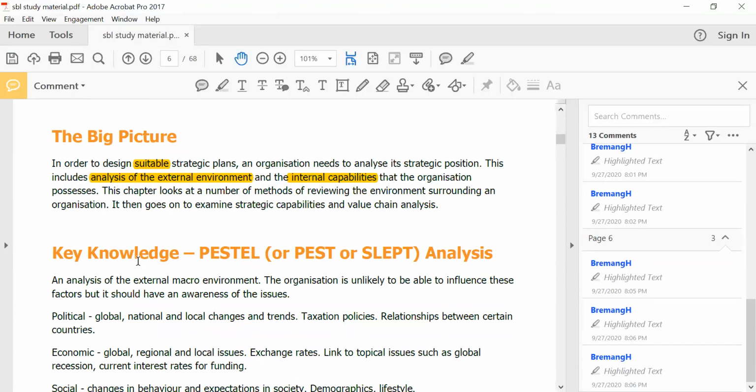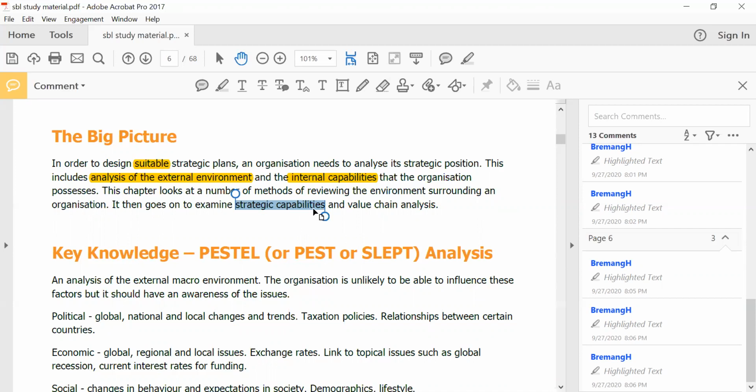This chapter looks at a number of metrics of reviewing the environment surrounding an organization. It then goes on to examine strategic capabilities and value chain analysis. So in our quest to look at the external environment, we are looking at strengths and weaknesses, such as strategic capabilities.